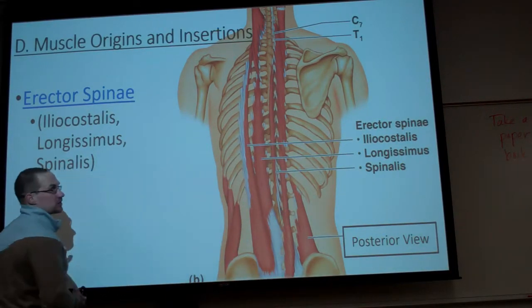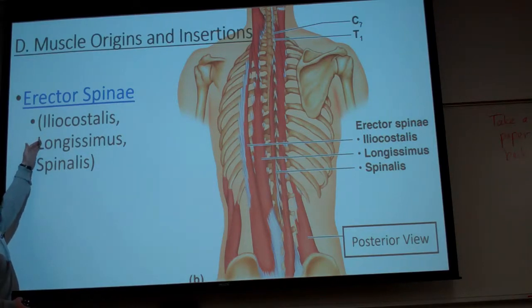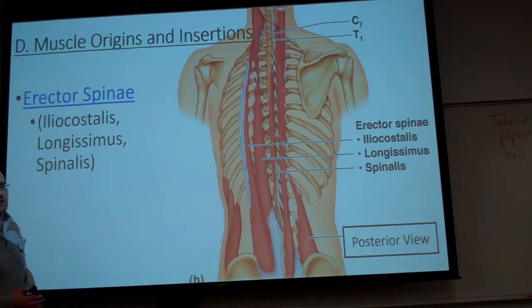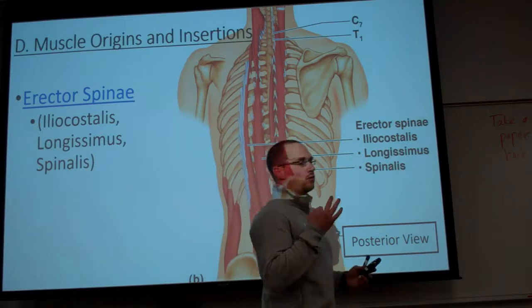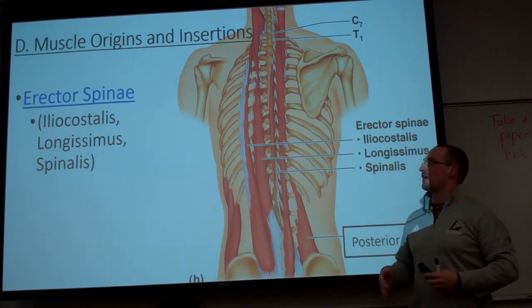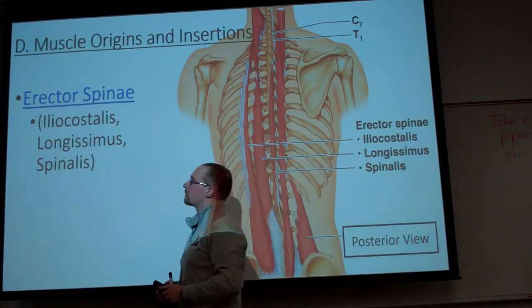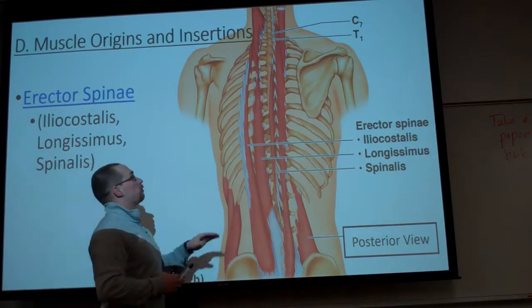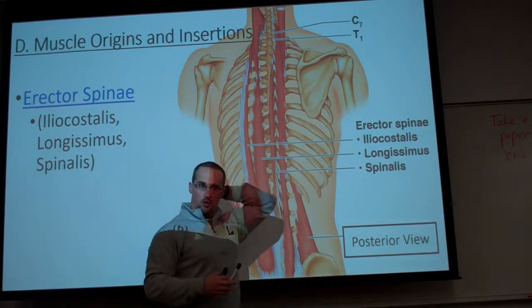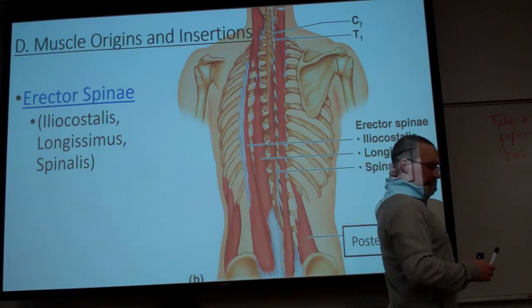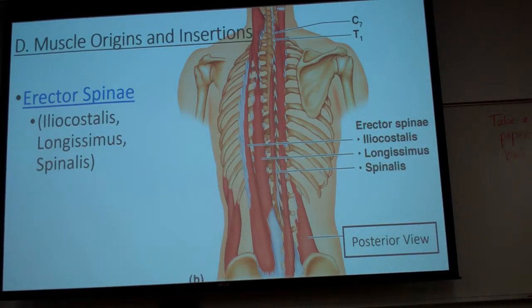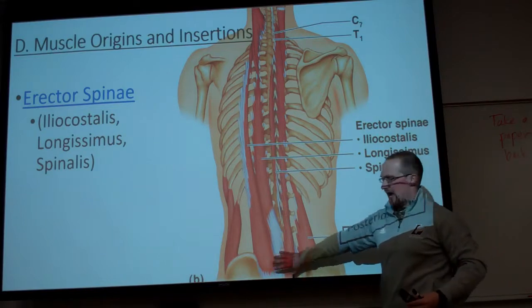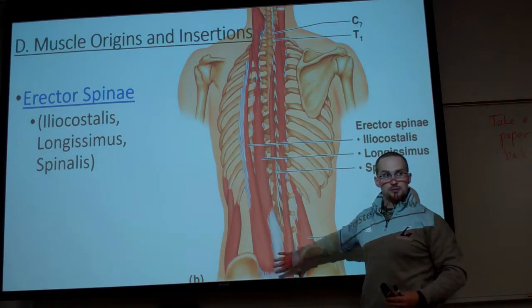You've got 3 different muscles, the iliocostalis, longissimus, and spinalis. You will need to know what the names of these 3 muscles are that make up the erector spinae. But essentially, all 3 of these muscles originate and insert all the way up the neck, down the spine, and even attach at some of the hip bones.